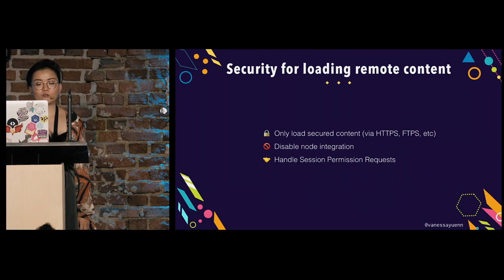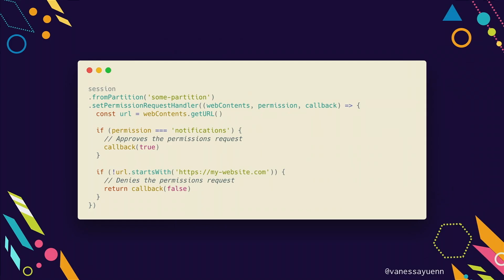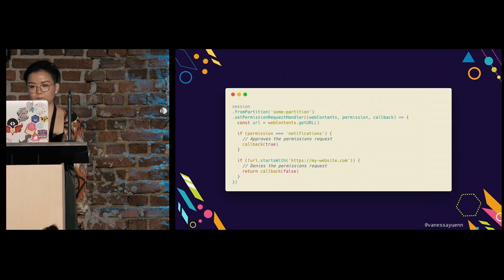So if you're loading remote content, you should be more security conscious anyway. And so in this situation, you would want to define a permission request handler. So you just use this API called setPermissionRequestHandler, and in there you add logic to either approve or deny permission requests.